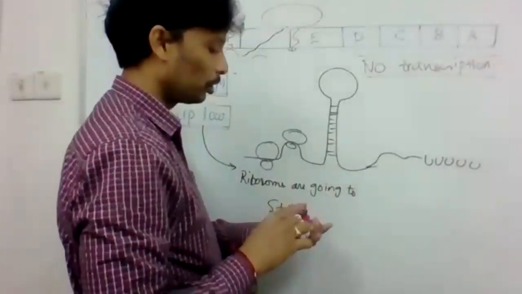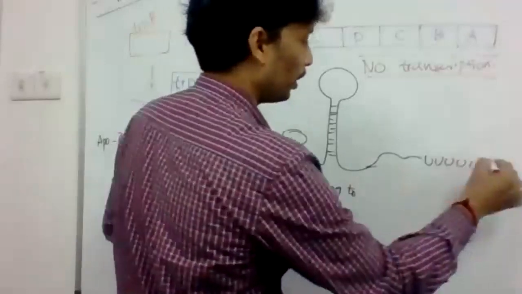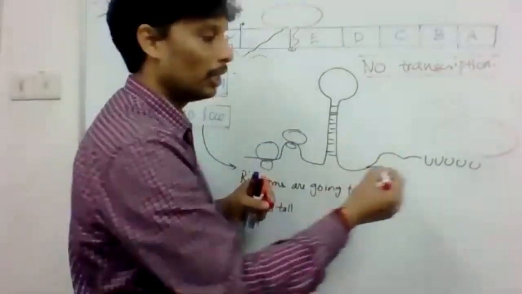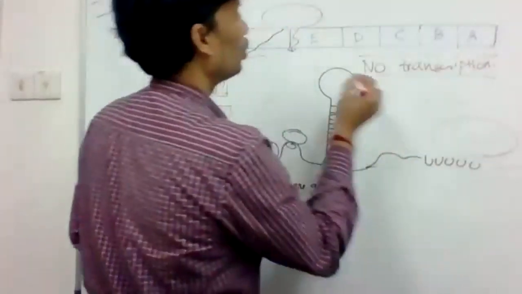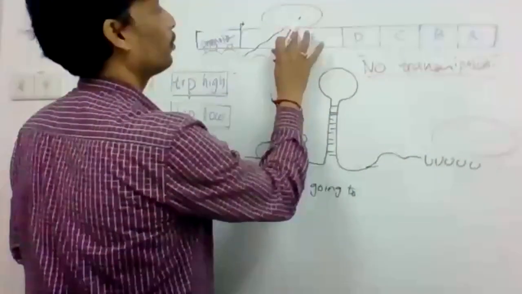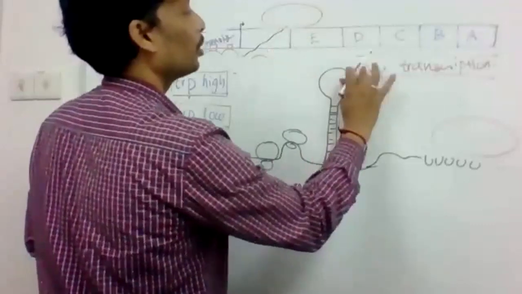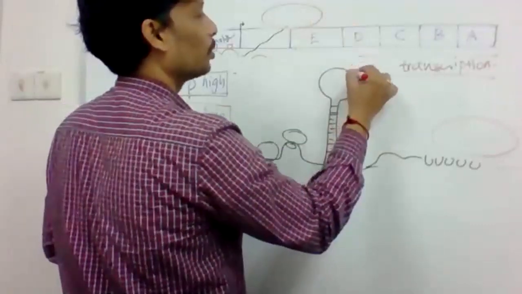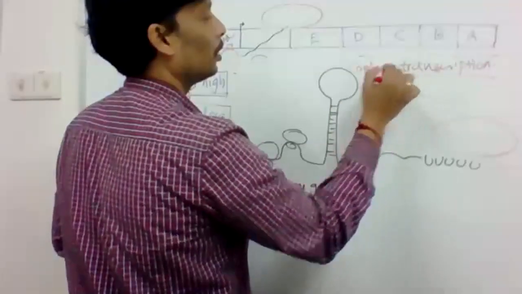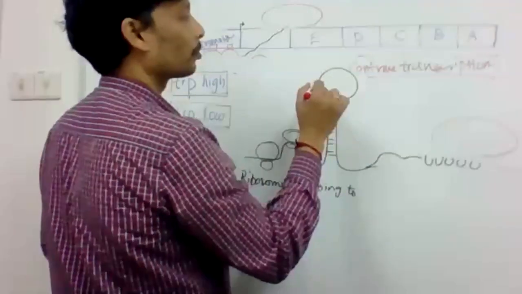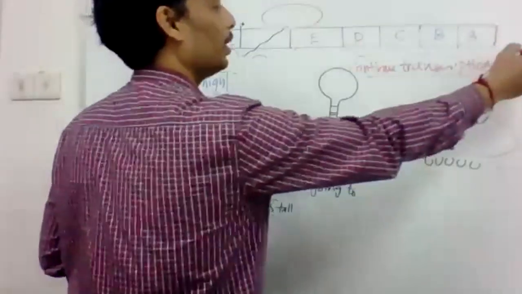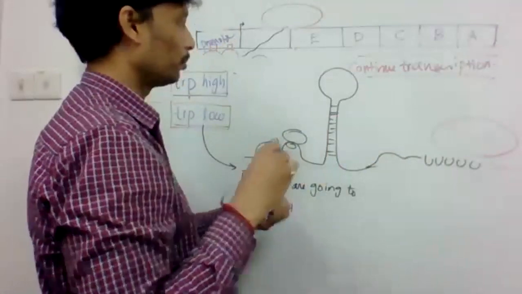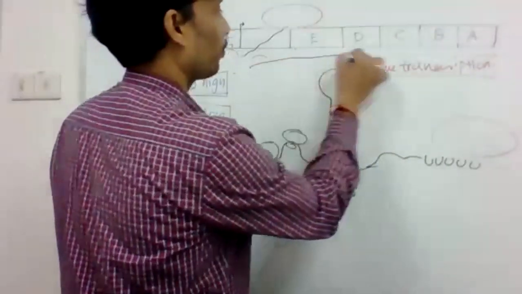RNA polymerase, which is at present somewhere here, is not going to stop. There are no terminator signals. It will keep on transcribing, so it will not fall off. It will continue the transcription until the end, and then it will produce a long mRNA.